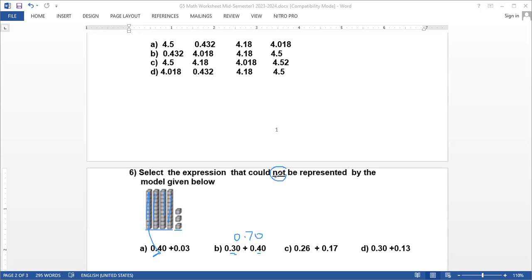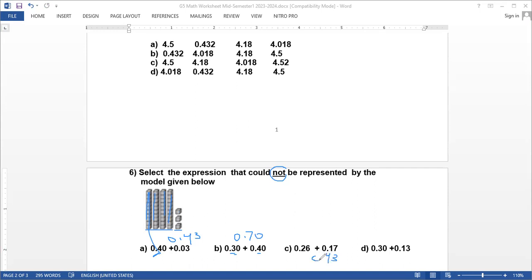But he said could not. Now let me add this. It will be 0.4 plus 0.4. Yes. Here, let's add them. 7 plus 6, 13. 2 plus 2, 2 plus 1, 3 plus 1, 4.